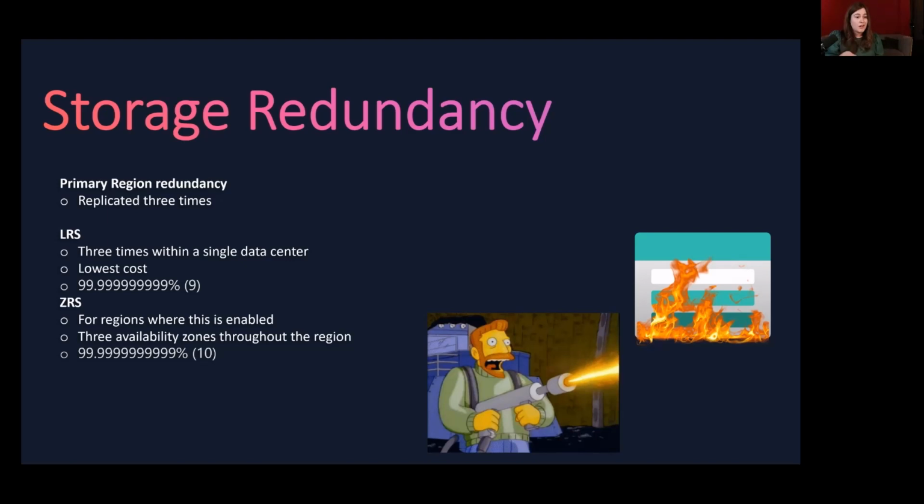So you get a little bit higher availability, about 10 nines after that dot in the SLA. But if the whole zone goes down, you still lose your data. So if we have a disaster and that Simpsons character goes through all of the data centers in that zone, then you still lose all of your data. So if we go one slide next.